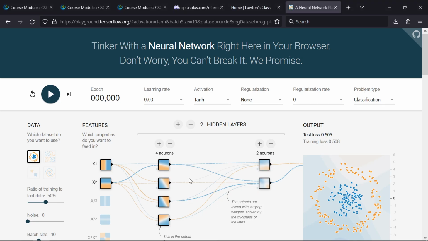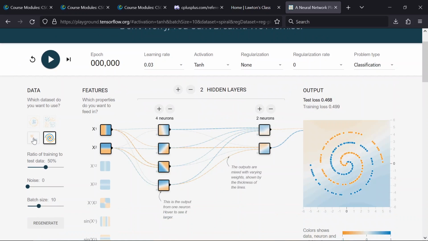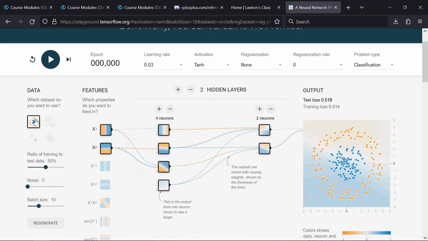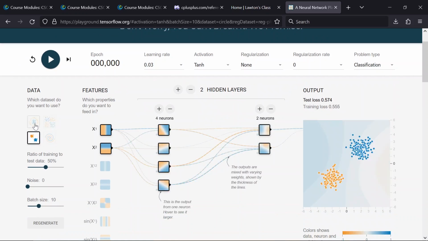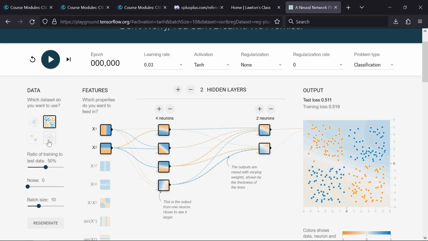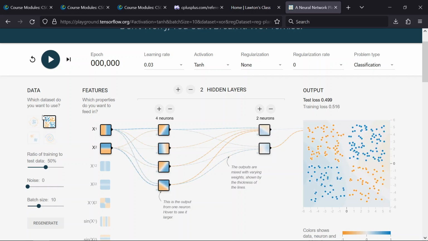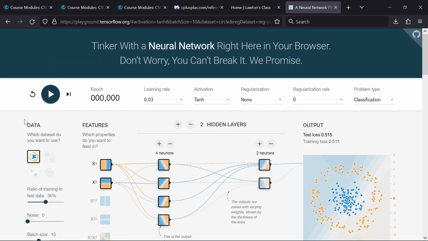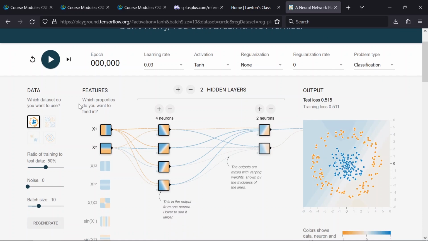Okay, so here is the idea. Here's a bunch of different data sets that you could learn. Here's the first data set, for example. There's a bunch of blue dots and a bunch of orange dots, for all of these example data sets. The goal of this educational page is to train a neural network to discover the difference between the orange dots and the blue dots.